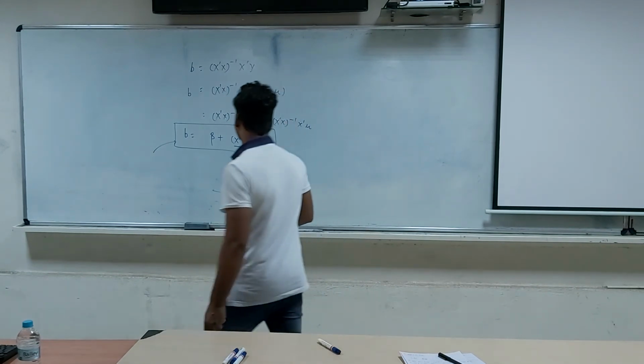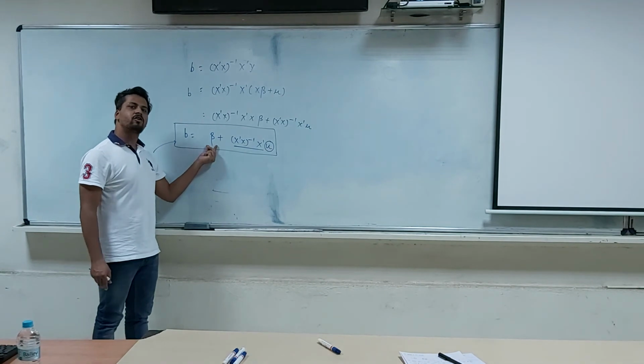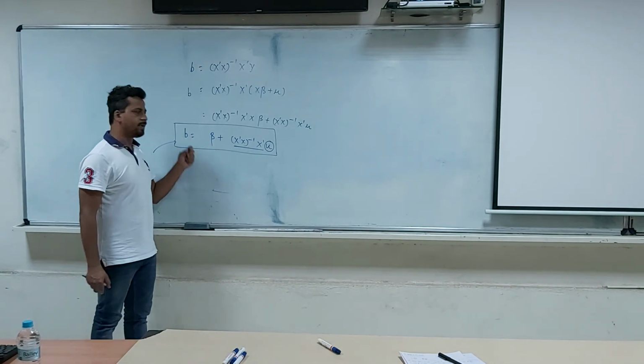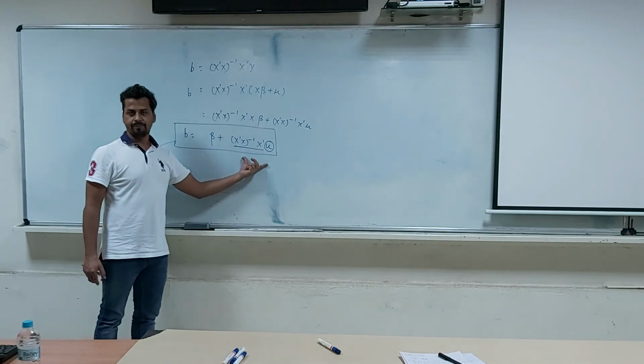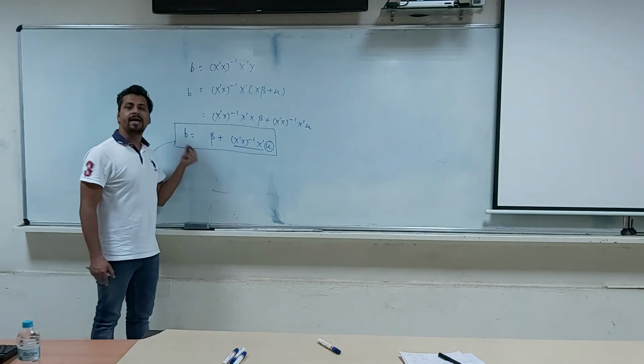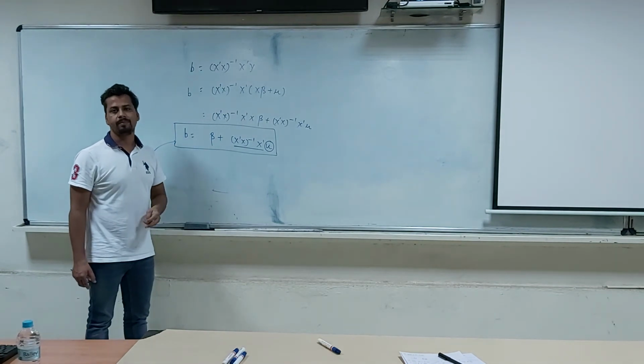What it says is that your least square estimator contains the population parameter plus a term which deviates the least square estimator from the actual population parameter.